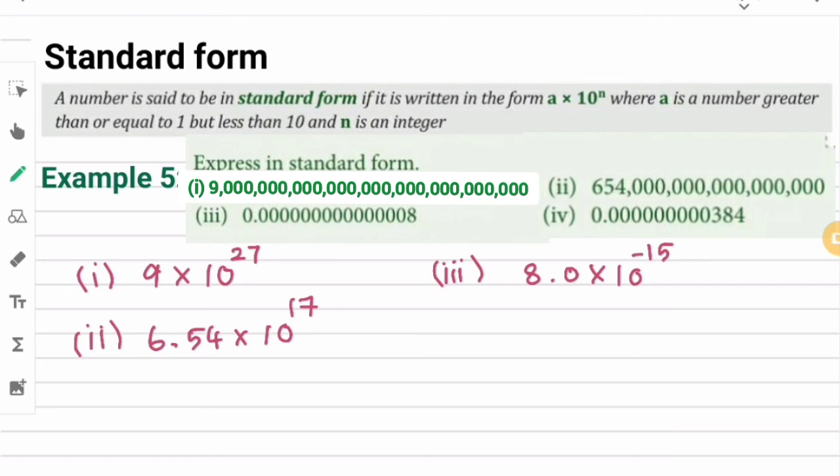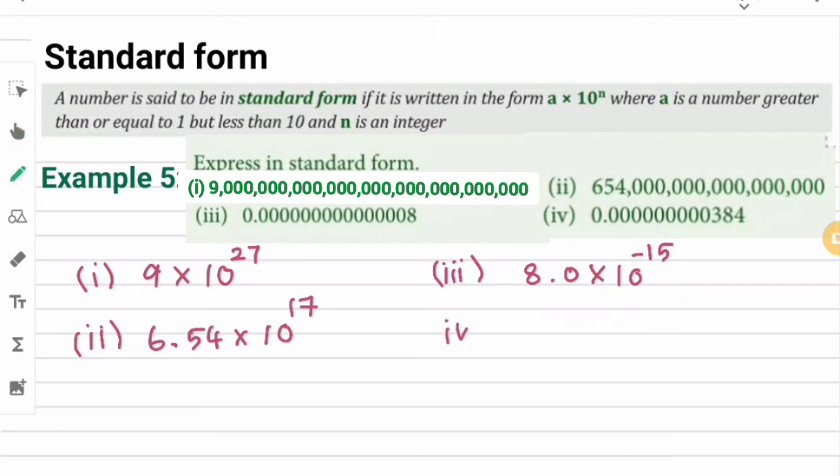No, minus 15, because we are pushing the decimal towards right side. That means division. Okay, fine. So you have to put the negative symbol in the index. That's what I have written, 8.0 into 10 to the power minus 15.